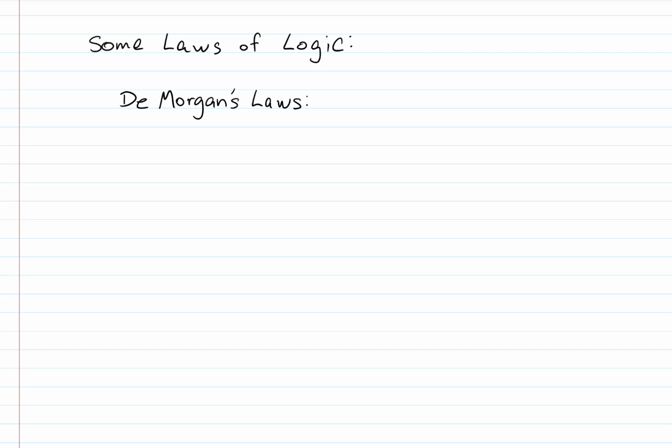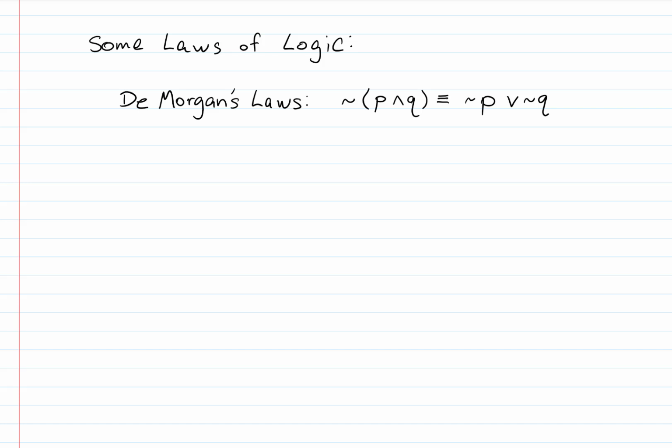Okay, and what that says is that the negation of a conjunction is logically equivalent to the disjunction of the negations of the variables in the conjunction. So in other words, not (P and Q) is the same thing as not P or not Q.